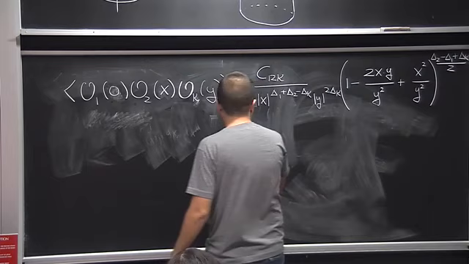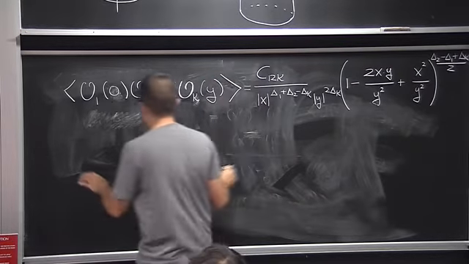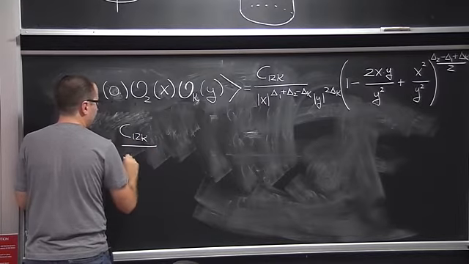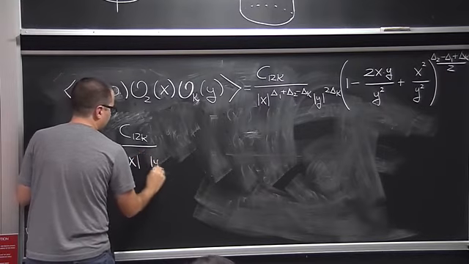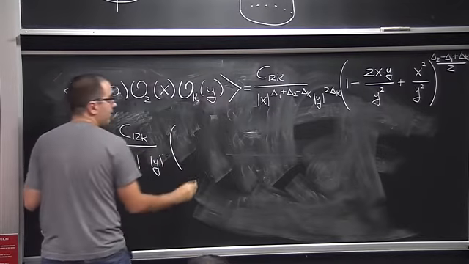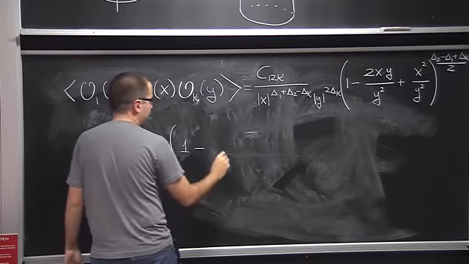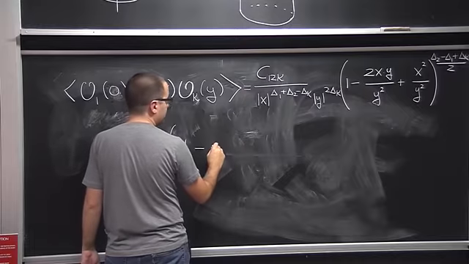And what do you get? You get that this is equal to C_{12k}, absolute value of x to this power, absolute value of y to that power, and then let's just expand the first term. 1 minus, what? The factor of 2 cancels the factor of 2.